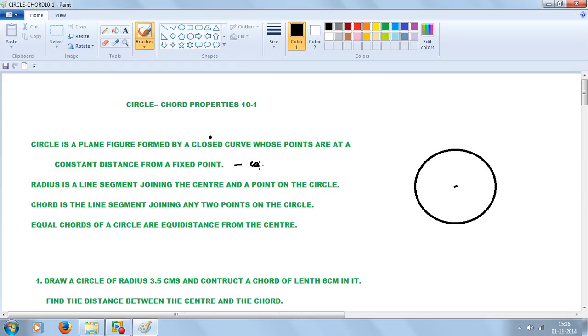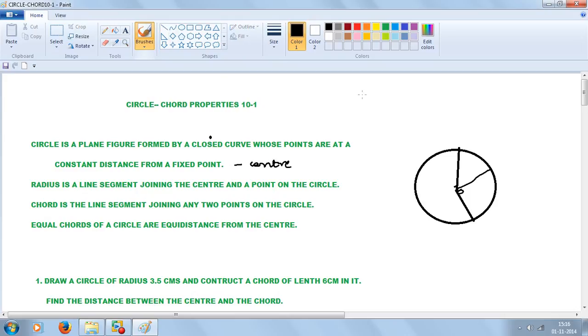So what is a fixed point? We call it the center, that is center O. So the distance from O to any point in the circle is its radius.